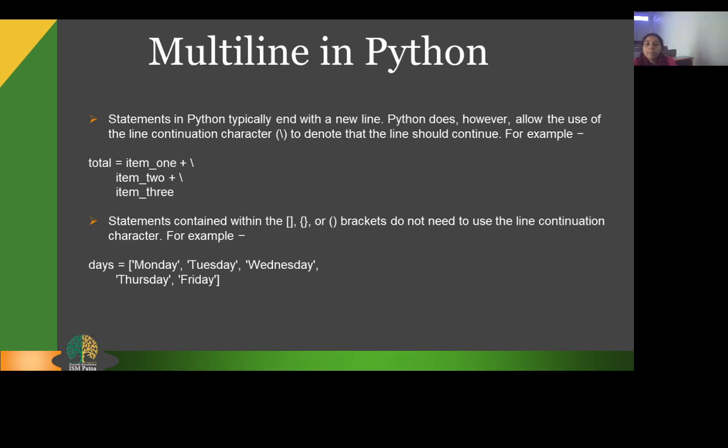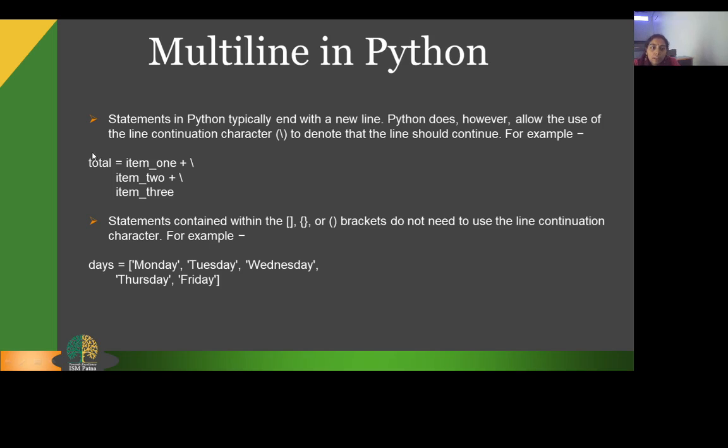Next, how do we write multi-line statements in Python? If you want to continue writing across multiple lines without using a new line, you can do it like this. A statement in Python typically ends with a new line, but if you use the line continuation character slash, the Python interpreter gives you the option to continue your line.